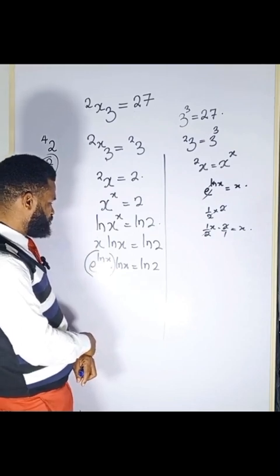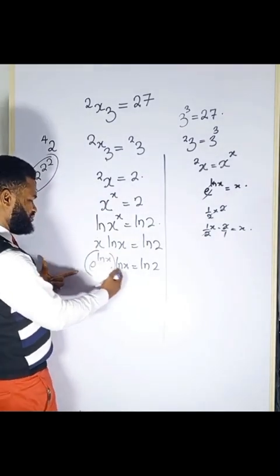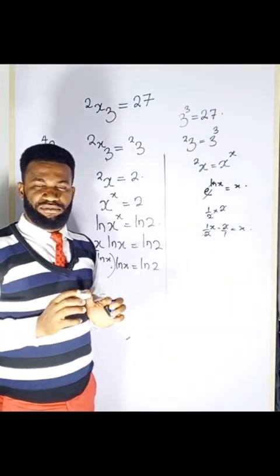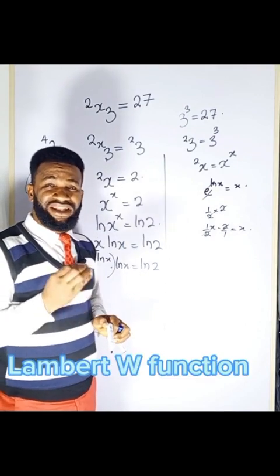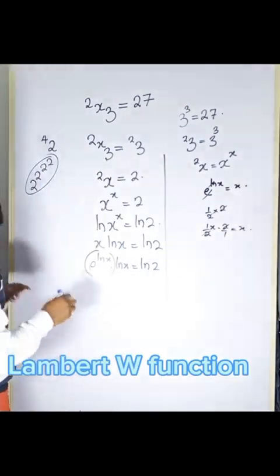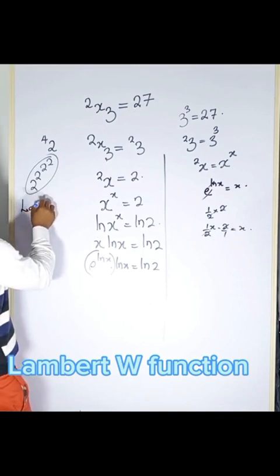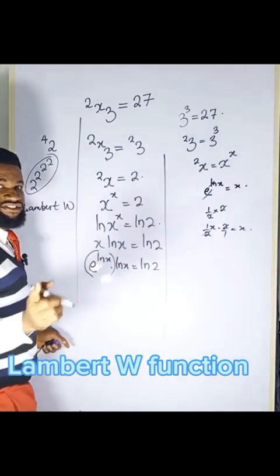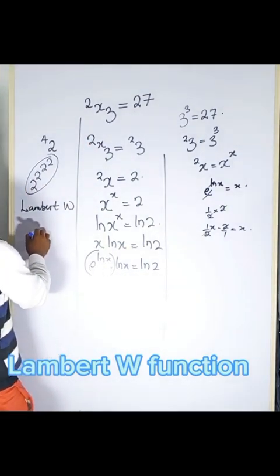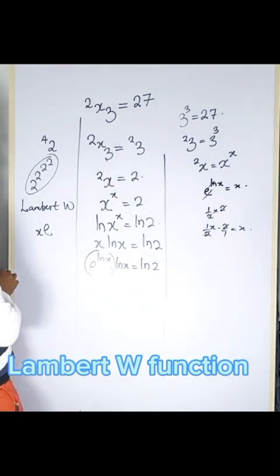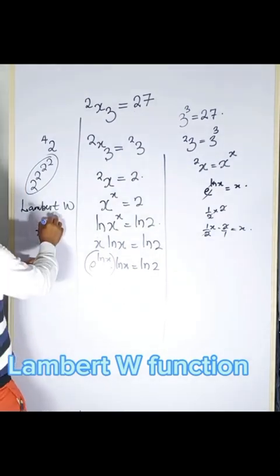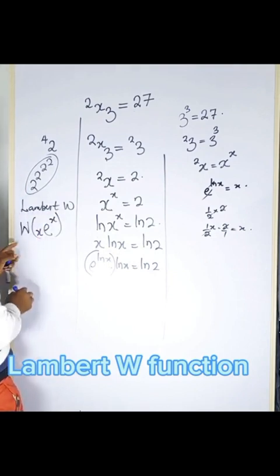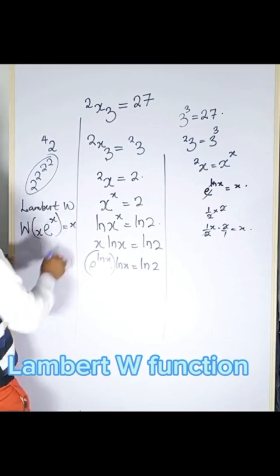Now, what are we going to do? Let us manipulate it, because there is another principle I'm going to employ here, which is called the Lambert W function. If you have x e to the power x, its W function is going to give you x.